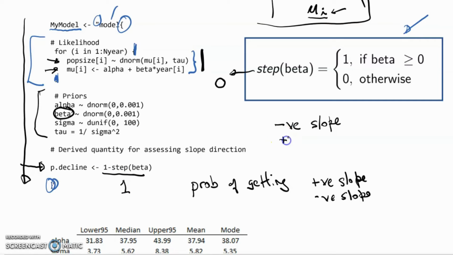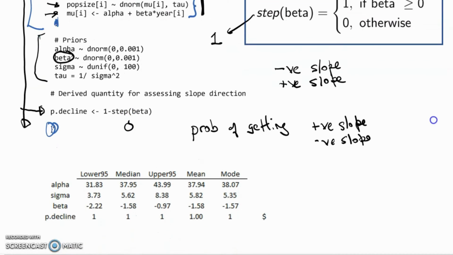On the other hand, if we've got a positive slope, then step beta is going to be 1, and 1 minus step beta is going to be 0.